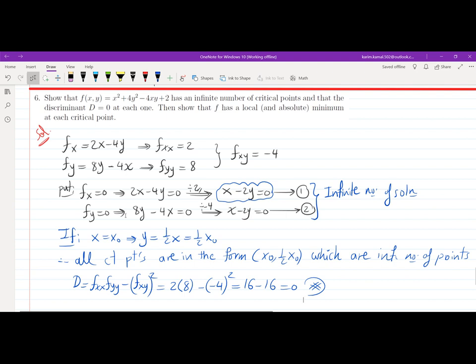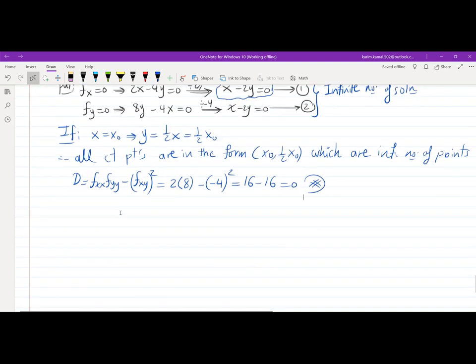We have f of x and y, which is x squared minus 4xy plus 4y squared plus 2. If you look at the first three terms, we can use completing the square for these three terms.